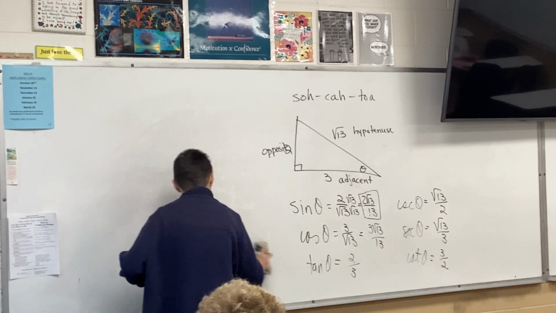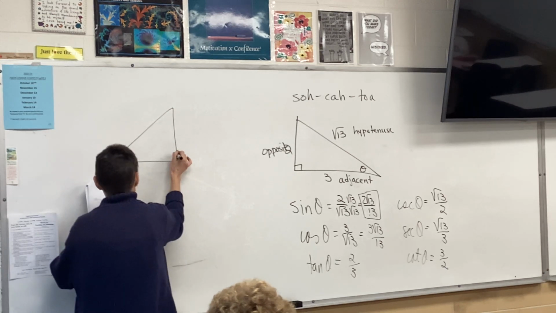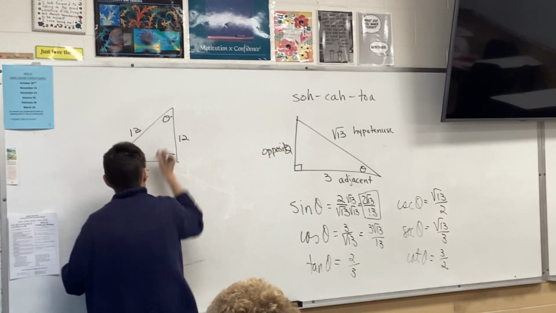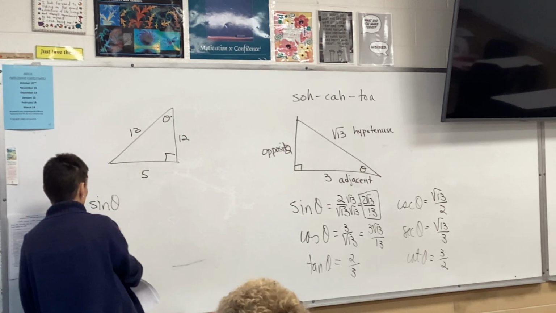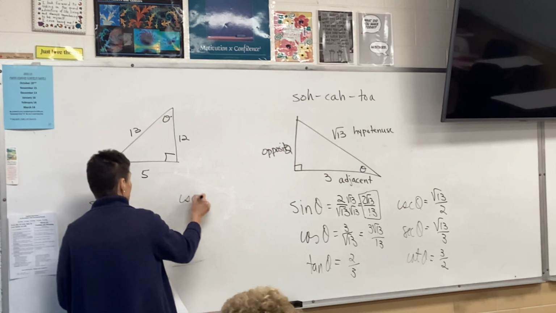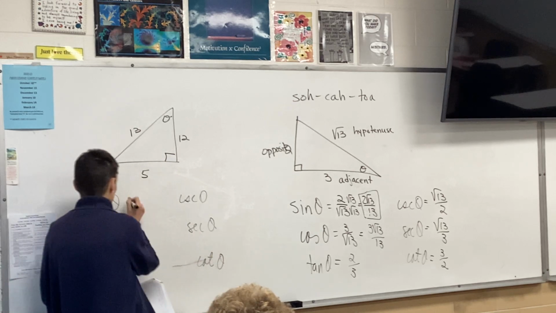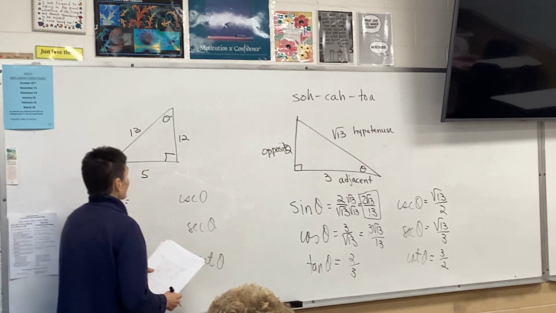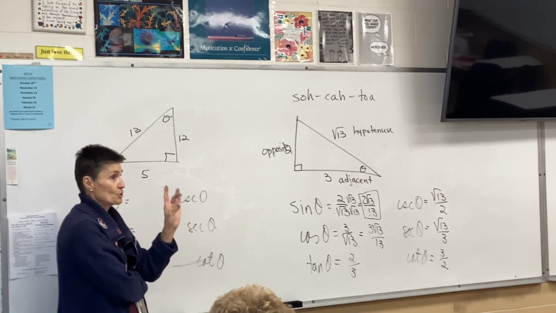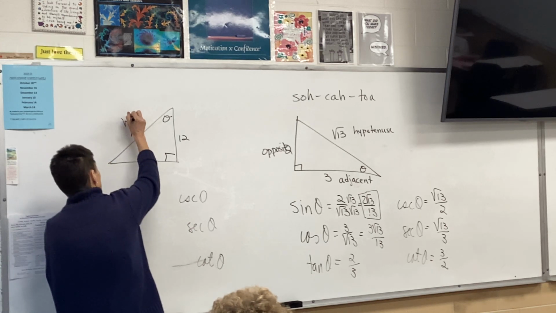This one does not have any radicals in it, so that's good. We're doing the same thing. We're finding sine, cosine, and tangent, cosecant, secant, and cotangent. All right, so here we go. First of all, label your sides opposite, adjacent, and hypotenuse. 13 is clearly the hypotenuse.